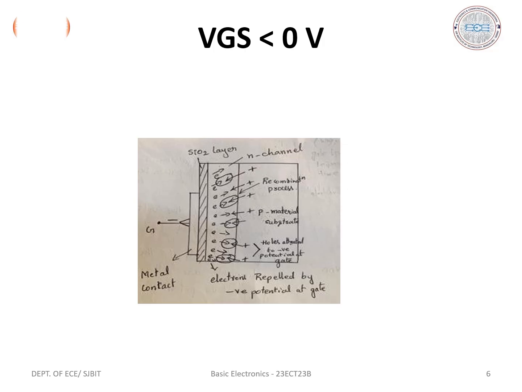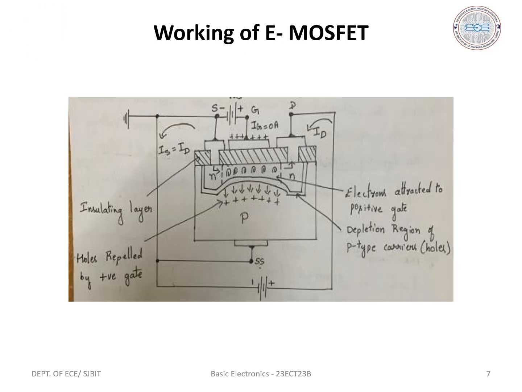Fine. So next is the E-MOSFET. As I've already told, E-MOSFET stands for enhancement MOSFET here. Why is it called an enhancement MOSFET? Because when we apply the control voltage between the gate and the source terminal, the channel is formed between the drain and the source terminal here.